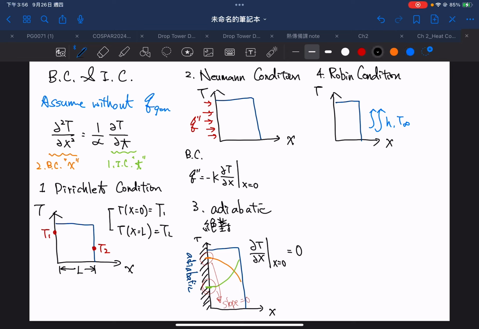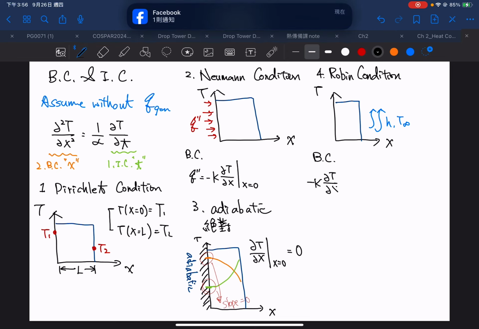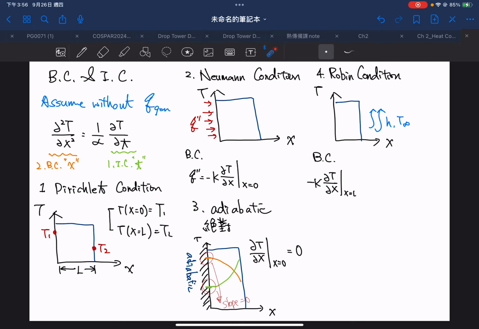Okay, so in this case, the boundary condition will be written down like how the heat is going to conduct from the left hand side to the right hand side, right? So it's the first law of thermodynamics. So minus K, Fourier's law again, at x equal to L, at this interface.